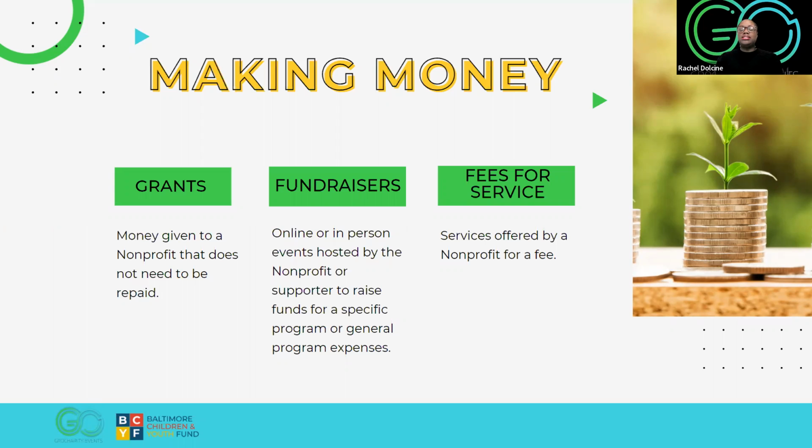So really begin to look at what are some of the services that you provide. What are some opportunities that exist in the communities you serve? What are some needs that folks have, basic living needs, that they pay funds for anyway, that your organization can help to support or help to fill a gap?